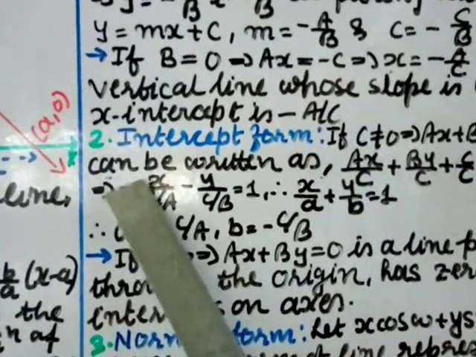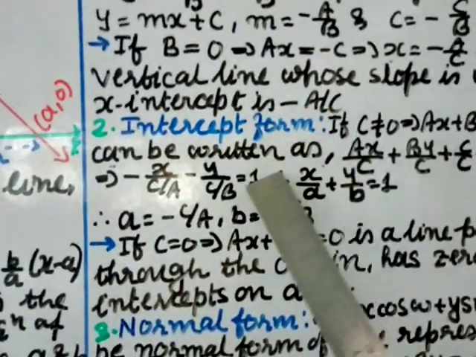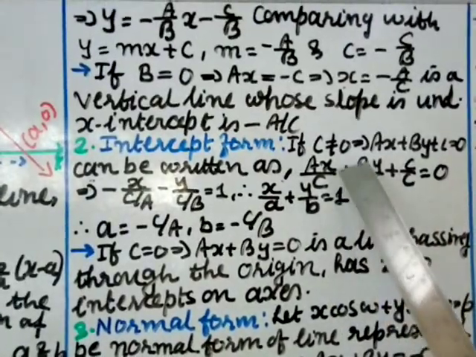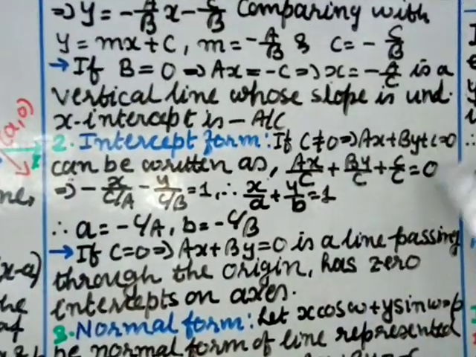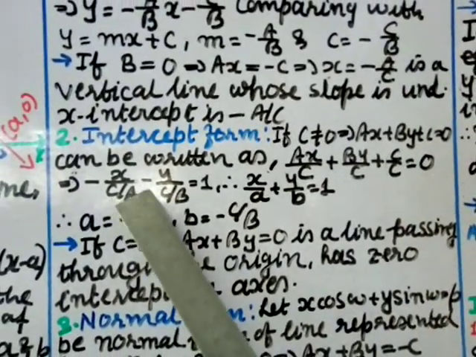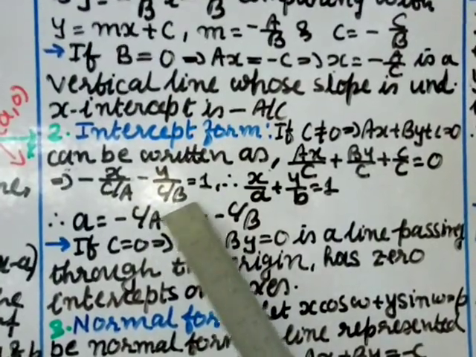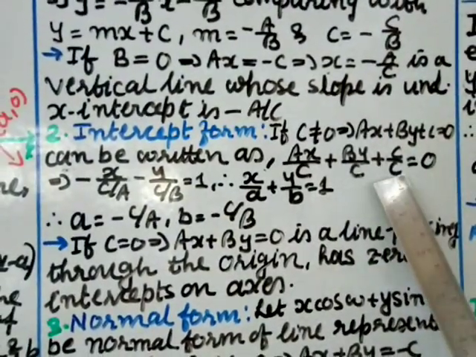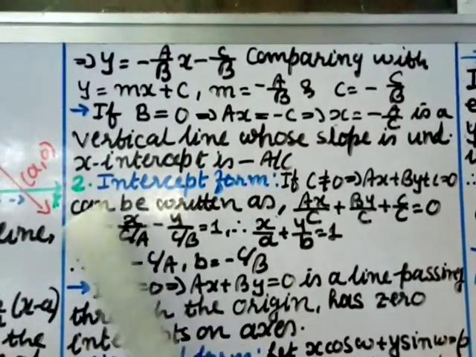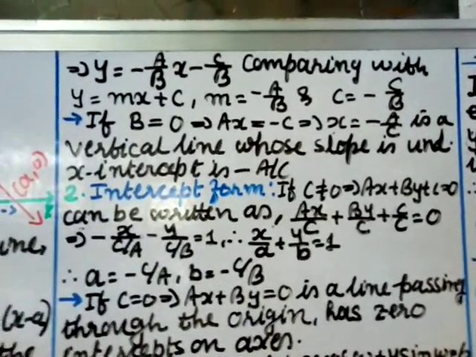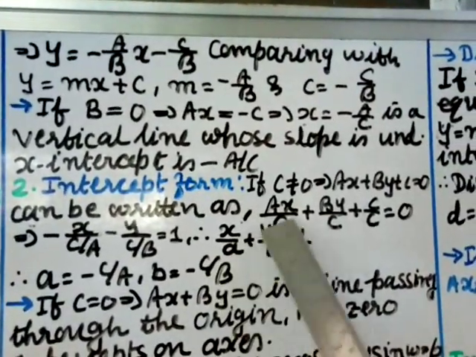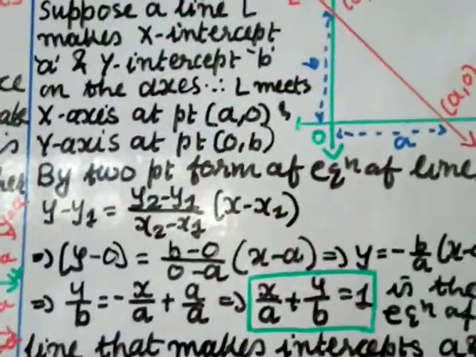This a you transfer, so you get ax by c, and if you transfer over here, it becomes plus. Then b also write in the denominator and transfer this here, so you get this value as minus y by c by b equal to 1. Now compare this with the intercept form, which is x by a plus y by b is equal to 1. This is the one we proved before.